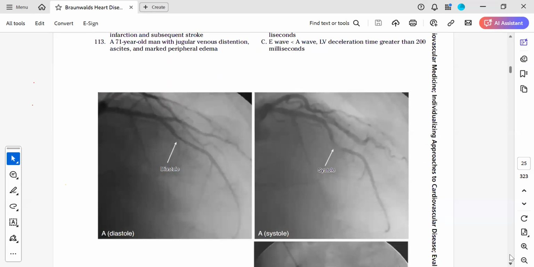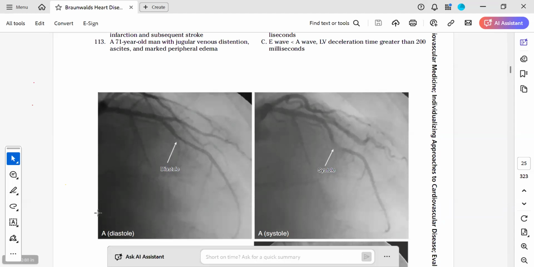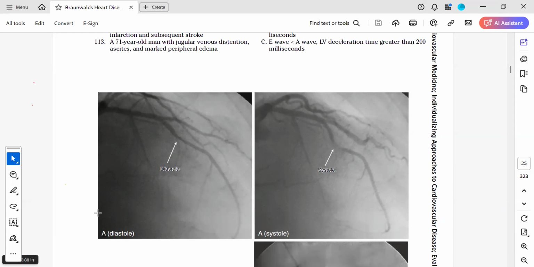And then if you look at the left where the arrow points, I see a first diagonal, second diagonal. So I think it's the distal left anterior descending artery, where during systole, which is the image to the right, there is narrowing of the vessel, evidenced by the filling defects.